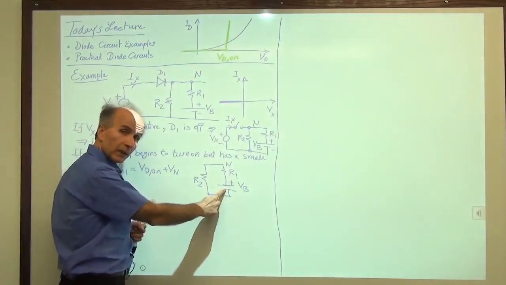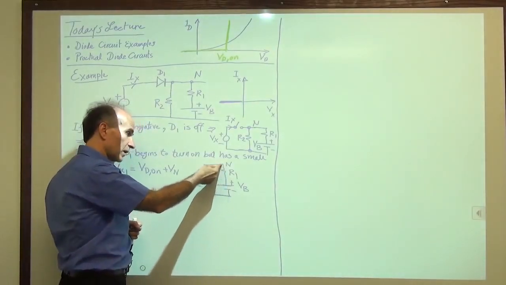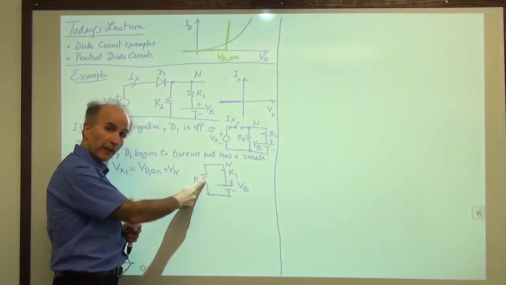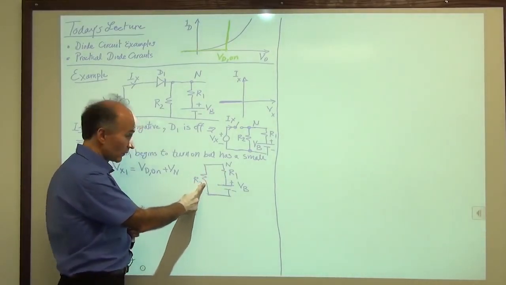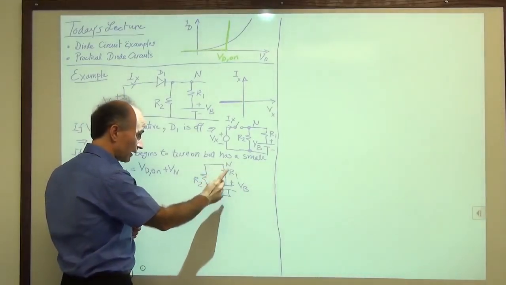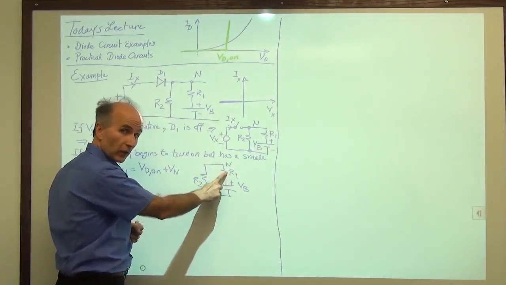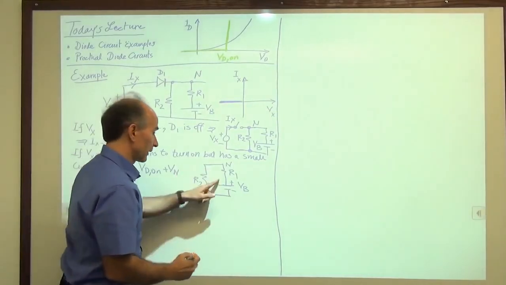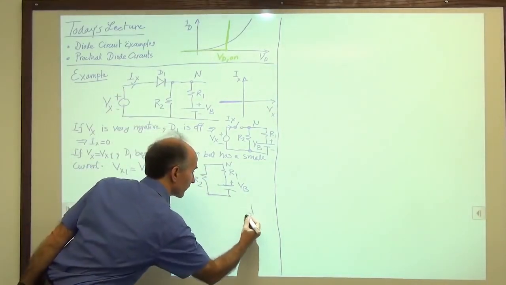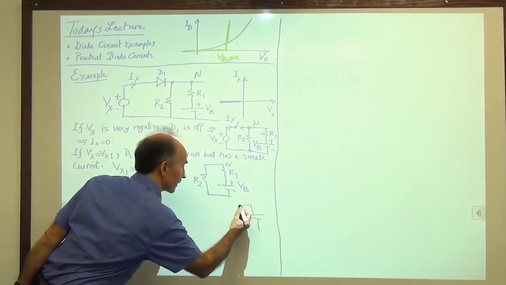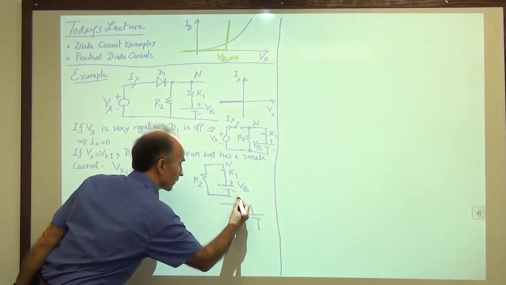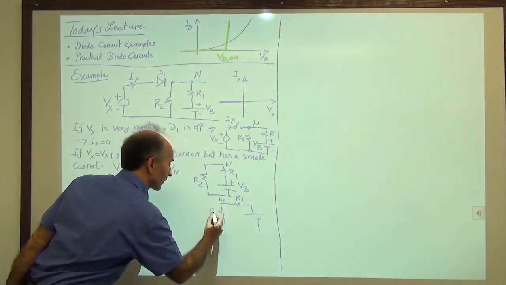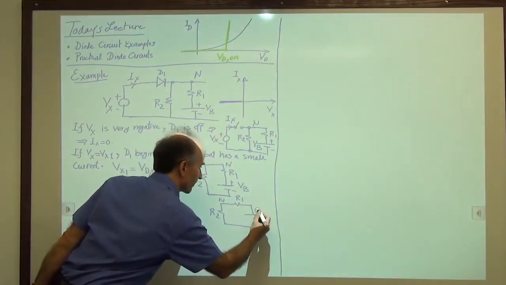Well, we have a battery that connects to R1 and then R2. R1 and R2 form a resistive divider. So we can easily write Vn in terms of Vb and R1 and R2. If you don't see it very well, you can redraw the circuit like this. Just put the resistor here, R1, connect it to node N, and then connect it to R2, and then connect it back to the battery.